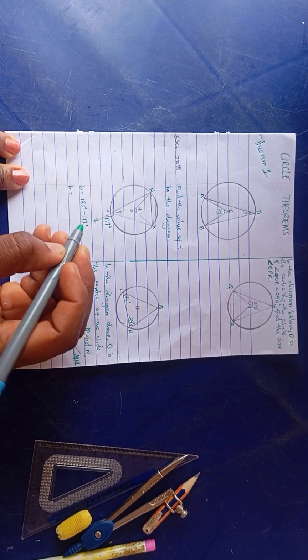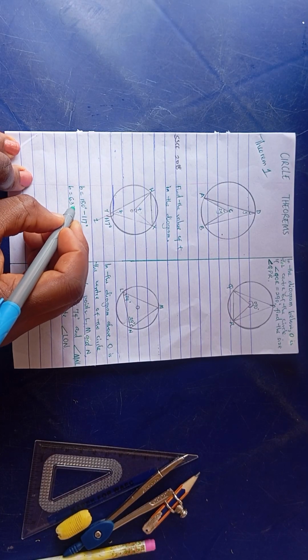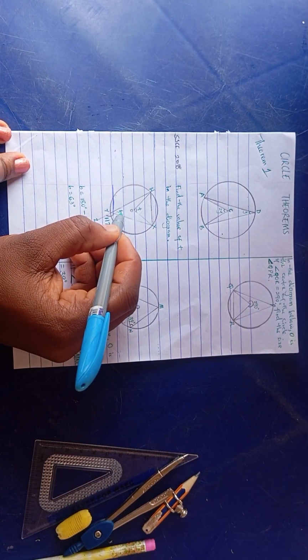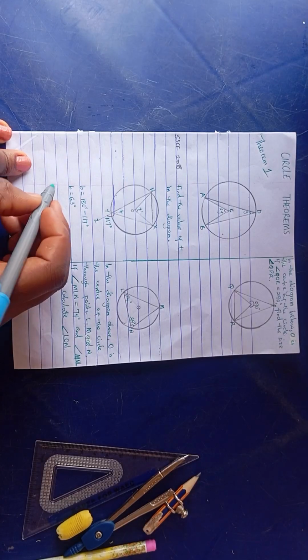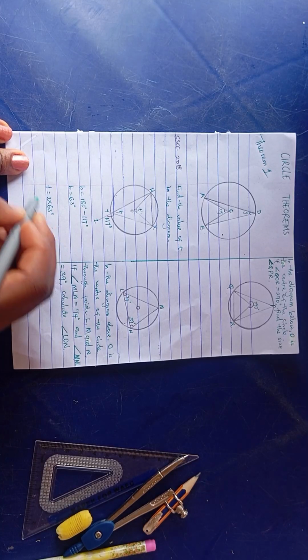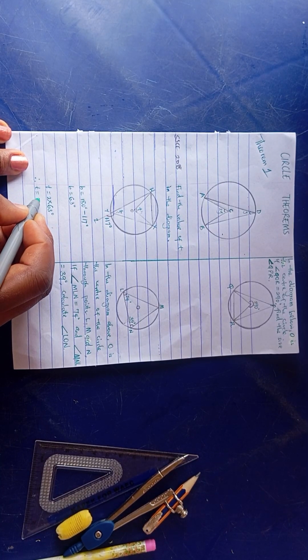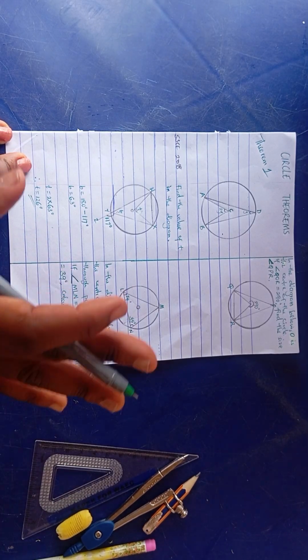So B is equal to 63 degrees. Now, having known that B is equal to 63 degrees, to find your t, you say t is equal to 2 times 63 degrees. Therefore, t is equal to 126 degrees. Okay, that is t, and that is that.